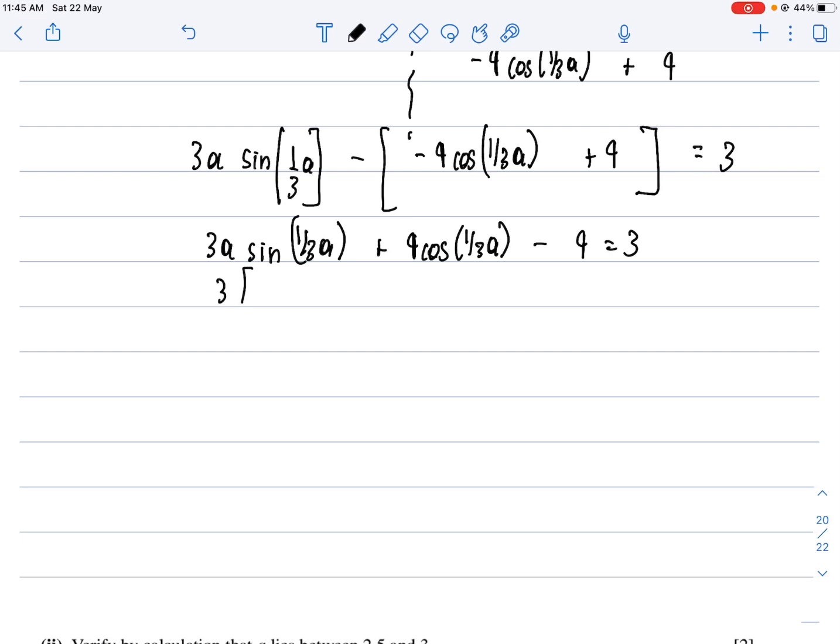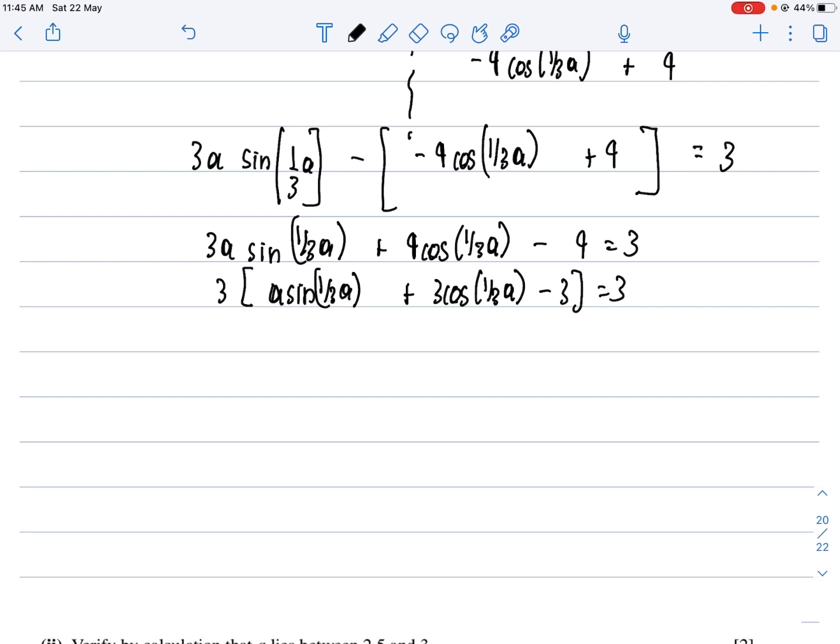Here I can take 3 common to get a sine 1 upon 3a plus 3 cos 1 over 3a minus 3, which is equal to 3.